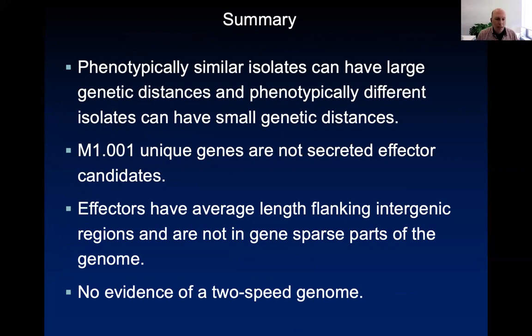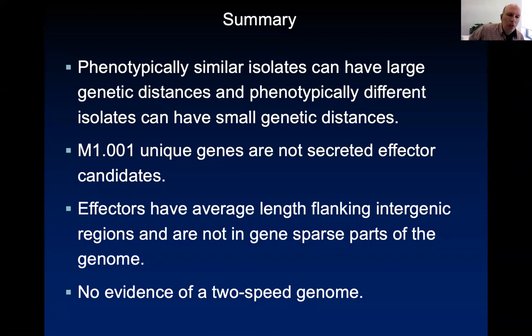So let me just summarize this last part that we were just seeing. Basically, as I said, these phenotypically similar isolates can have no correlation between genetic distance and the lesion size phenotype.